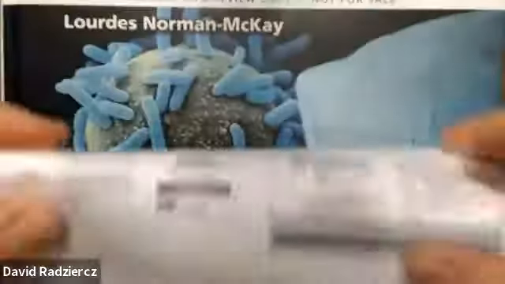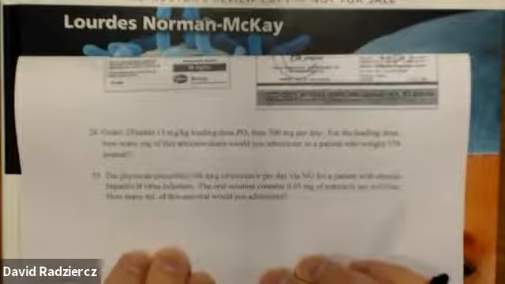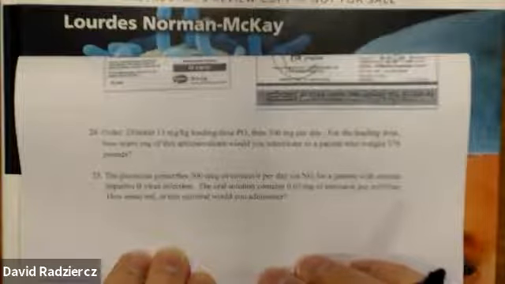All right, the next question that was asked was like a weight-based question. So I'm going to go ahead and look at number 24. All right, so 24 says that the order is 15 milligrams per kilogram loading dose, then to give 300 milligrams per day.